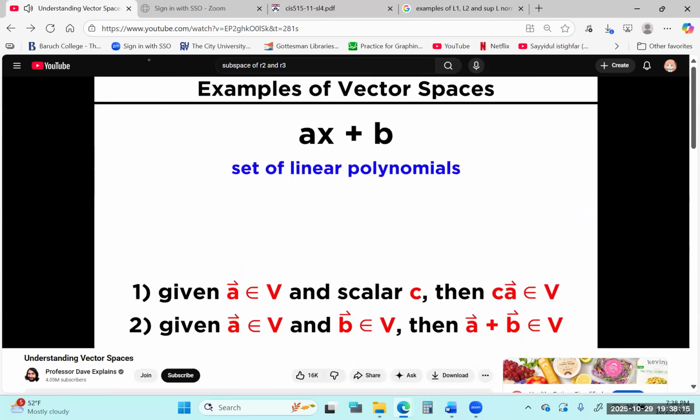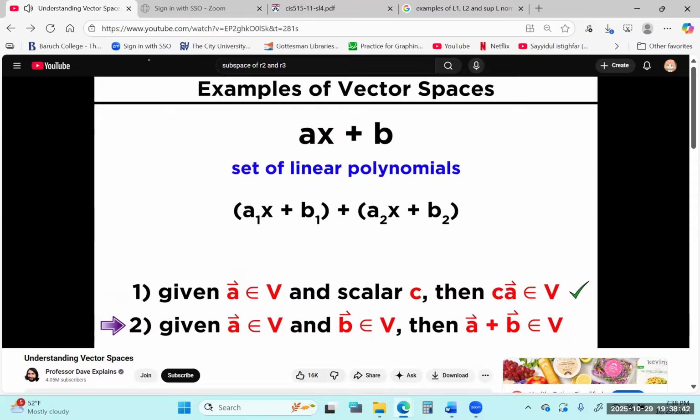For example, let's take the set of linear polynomials in the form of ax plus b. If we multiply by a scalar c, we can distribute to get ca times x plus bc. Since we are dealing with real numbers, ca and bc will also be real, and the form of our equation is still a linear polynomial, so our result is still within the set.